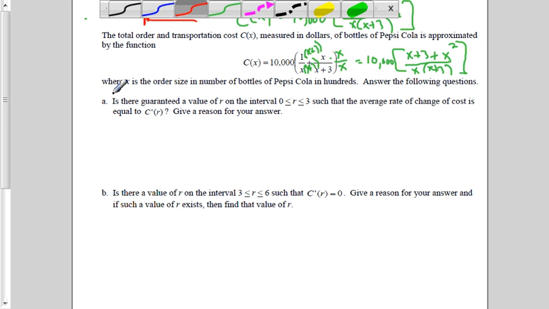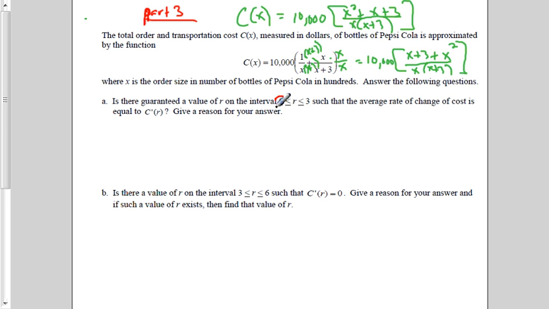Negative 3 is not on the interval, but 0 is on the interval. So since the function C of x is undefined at x equals 0, it's not continuous on the closed interval from 0 to 3, therefore the mean value theorem does not guarantee a value of r on that interval. So let's write that out.